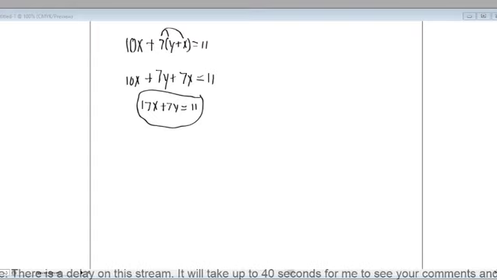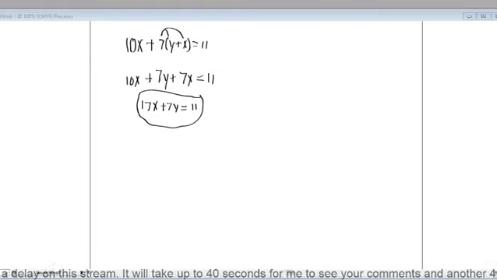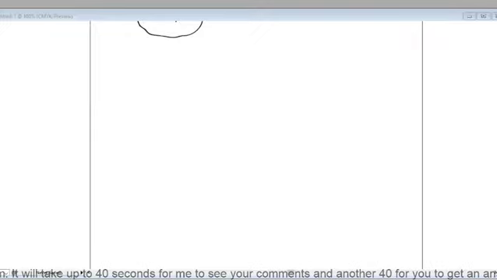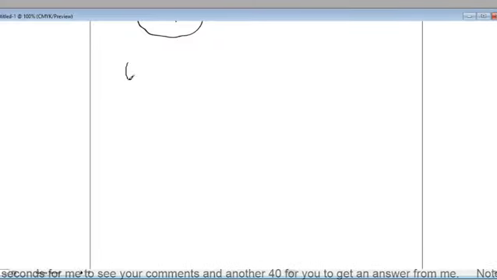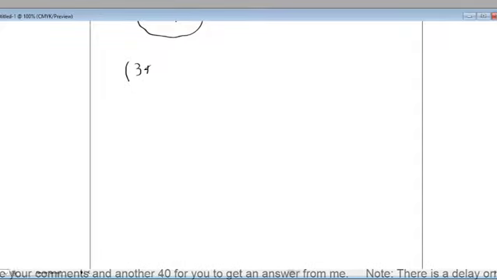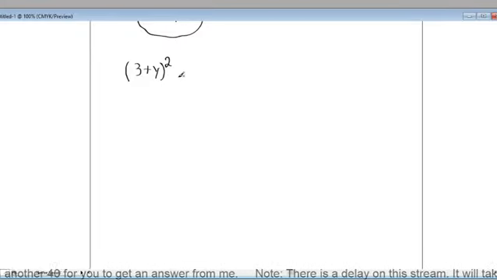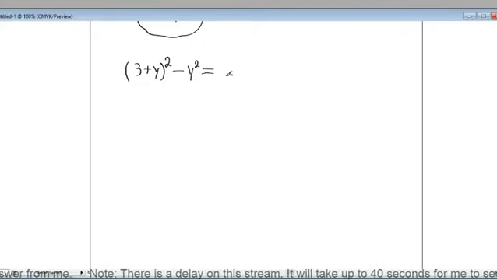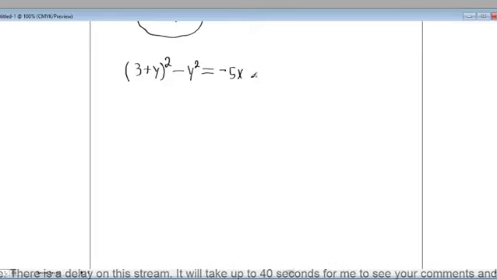Find a good one. Yeah, I like this one. So here we have 3 plus y, squared, minus y squared equals negative 5x plus 1.